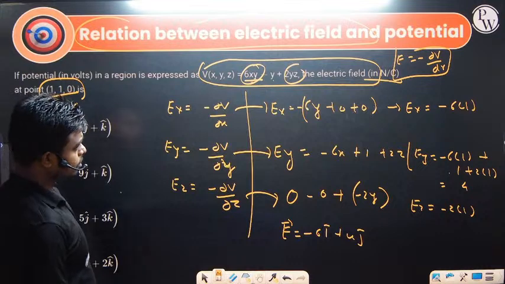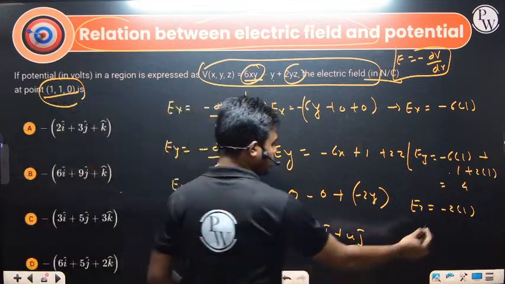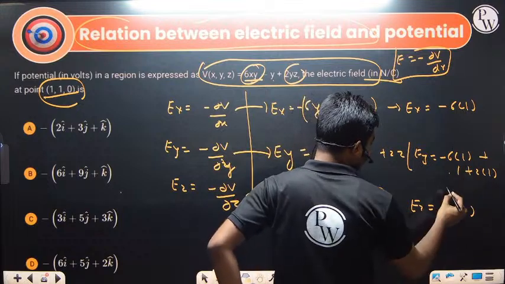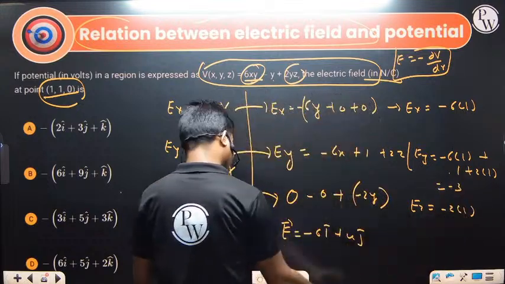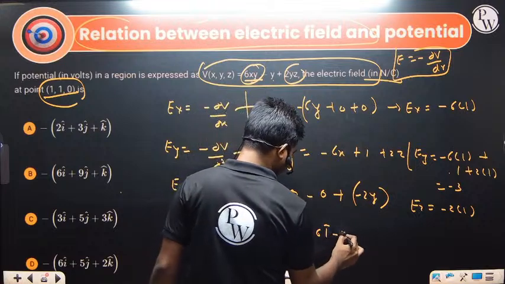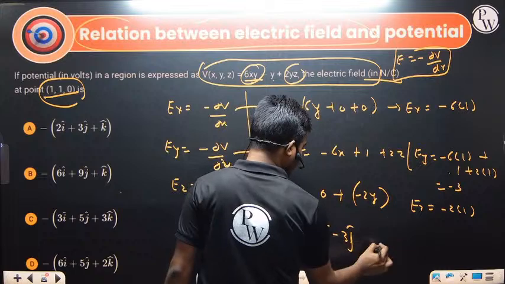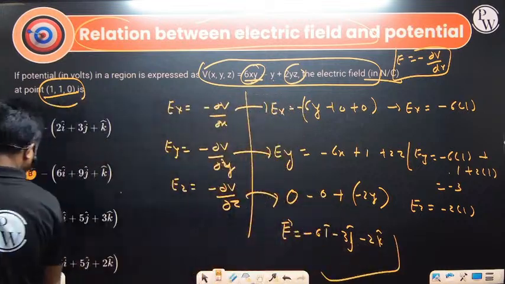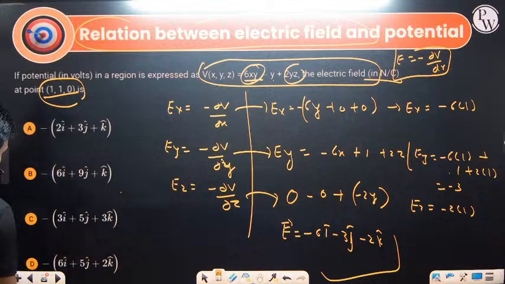Let's check it, somewhere I may have made a mistake. Here we get minus 3 j cap and minus 2 k cap, not plus 4.